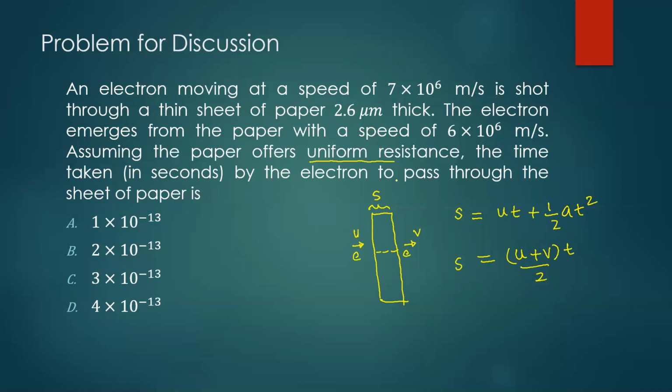The displacement is 2.6 micrometers, which is 2.6 into 10 to the power minus 6 meters. The average of the velocities is 7 plus 6 by 2 into 10 to the power 6, into time t. 7 plus 6 is 13, so we should get 4 into 10 to the power minus 13 seconds. Okay, do you understand the problem? Yeah.